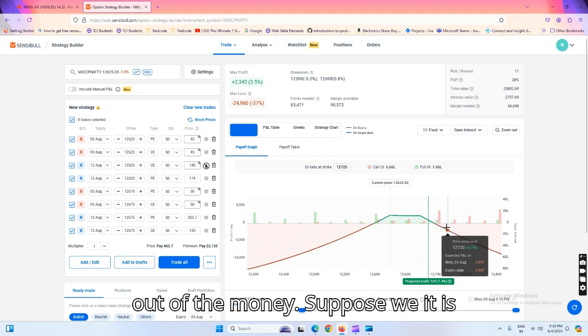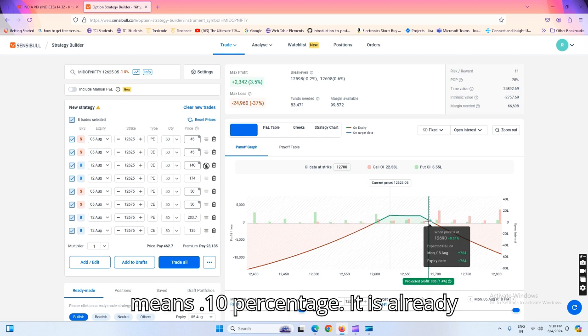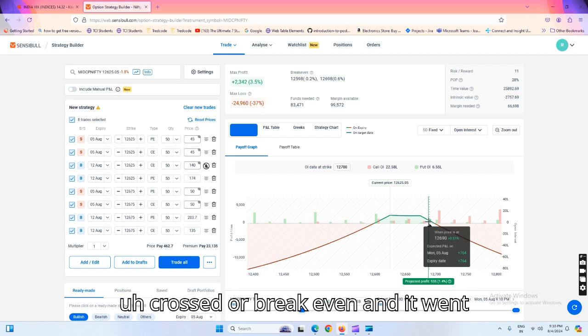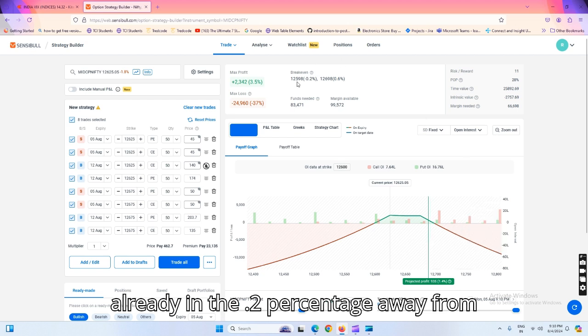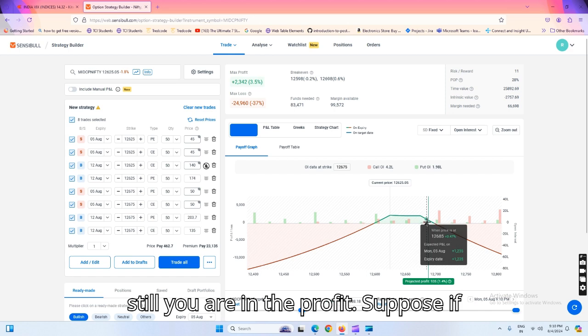Suppose it has moved 0.5, meaning 0.10 percentage, it has already crossed the break even and moved away. Now the situation is it is 0.2 percentage away from the break even. Still you are in profit.